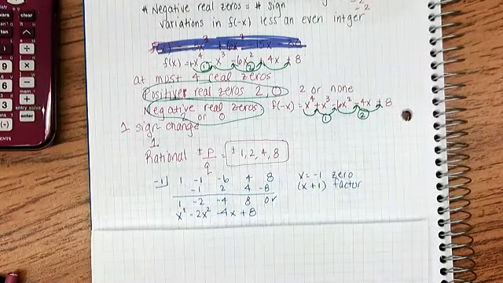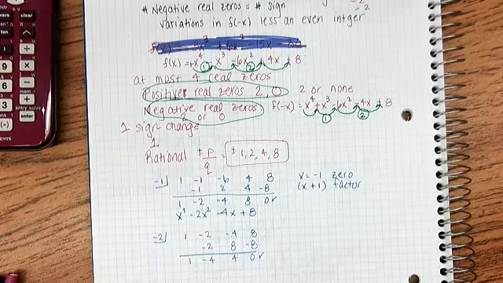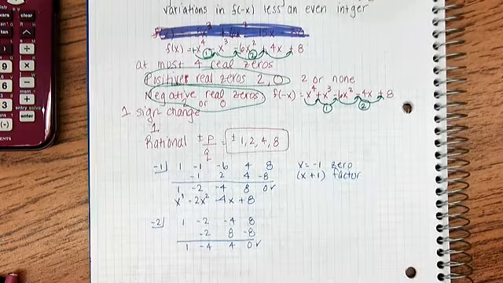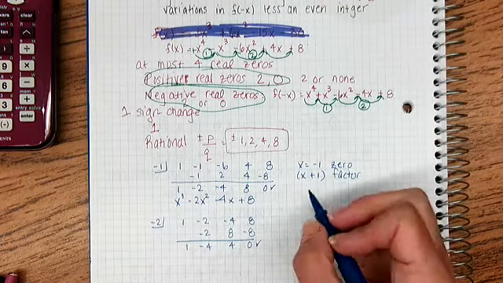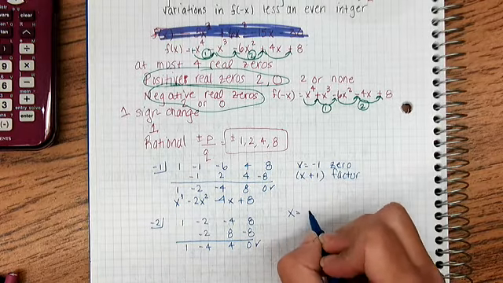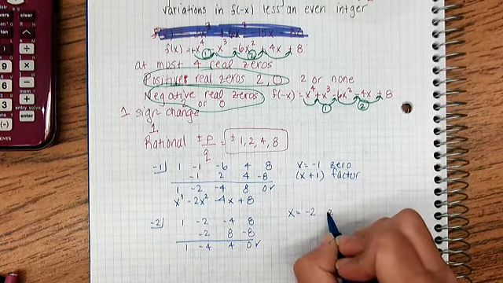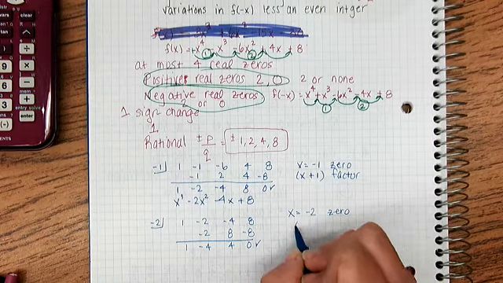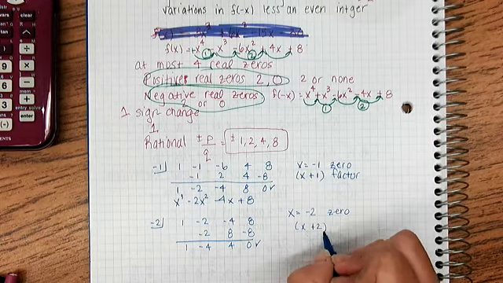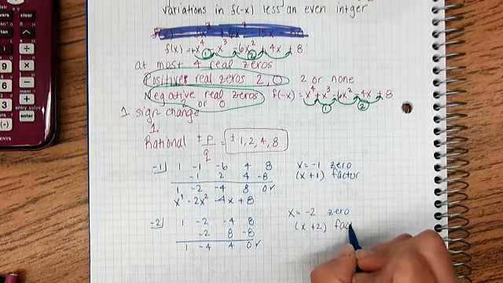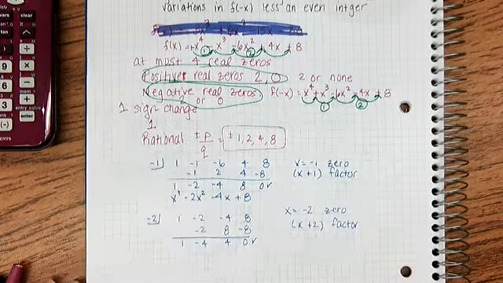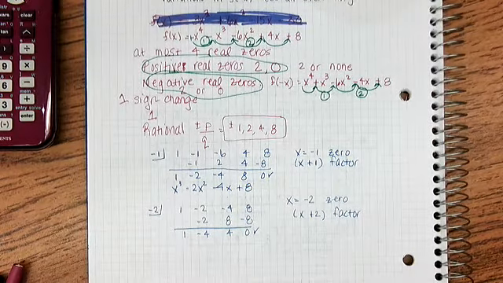Since I knew that there had to be another negative solution, I went straight to negative 2. So this means that x equals negative 2 is a zero. X plus 2 is a factor, and there can be no more negative real solutions.